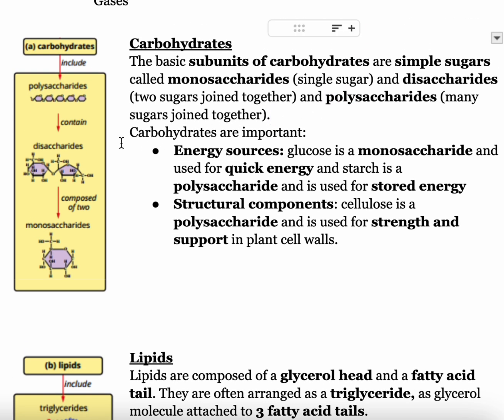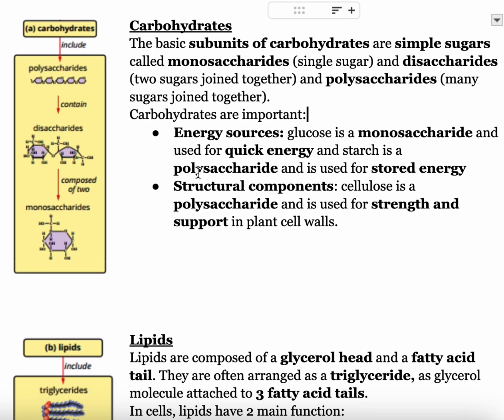Carbohydrates are important because they are an energy source. Glucose is a monosaccharide and it's used for quick energy. Starch is a polysaccharide and it's used for stored energy. It's also useful for structural components.